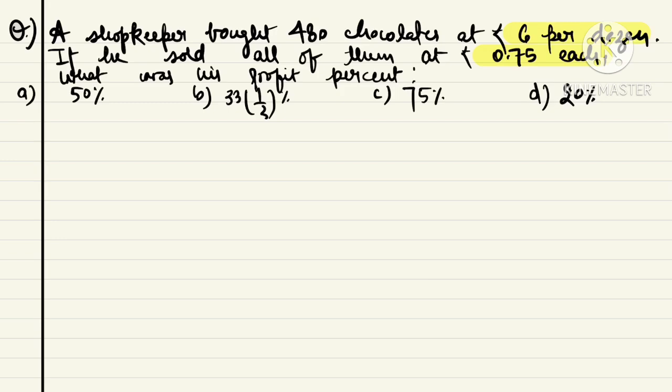So first we will get to know the cost price of the chocolate. As we know, 6 per dozen means 12 chocolates for 6 rupees, so 6 upon 12 will give 0.5 rupees. So it is the cost price.